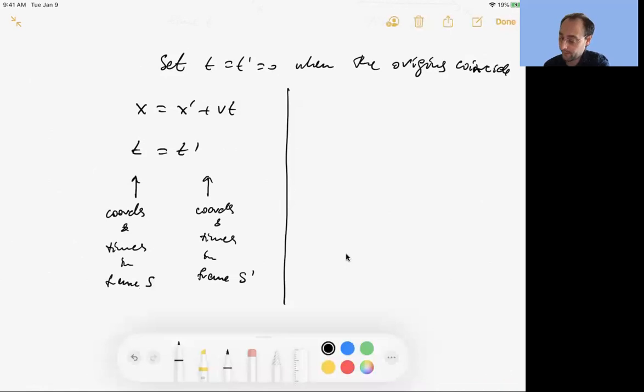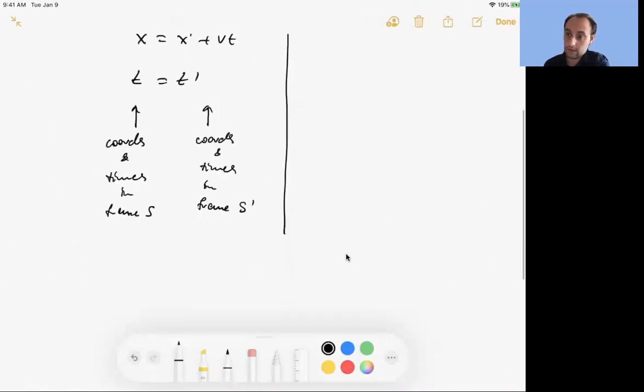And you can see that I can rearrange terms in the equations. If I know everything about x and t, and I want to know x prime and t prime, I can do that. So I can go in reverse.